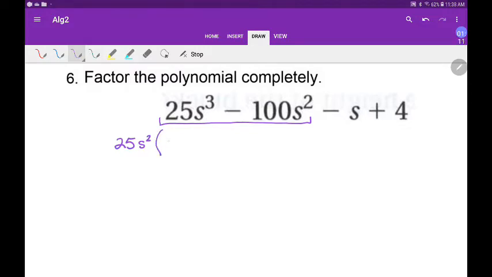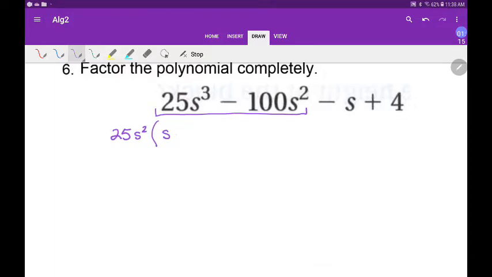And when I bring that out of the first one, the only thing I have left is an S, and when I bring it out of the second one, the only thing I have left is a 4.